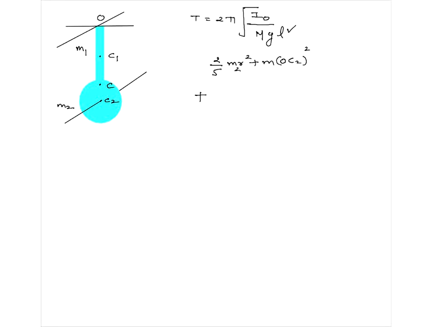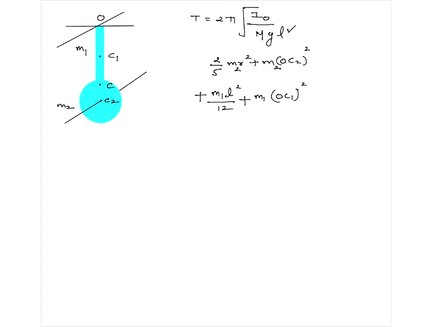This should be m2, ml square by 12. Yes, I can see that private message. I will just answer that. ml square by 12 plus m1 OC1 square.